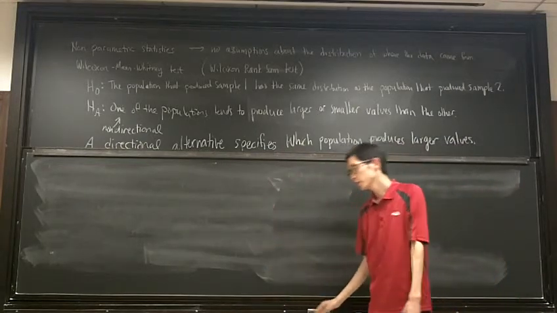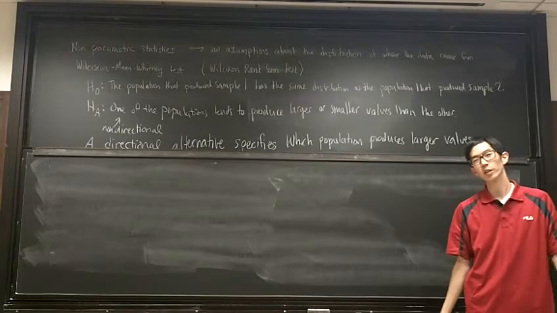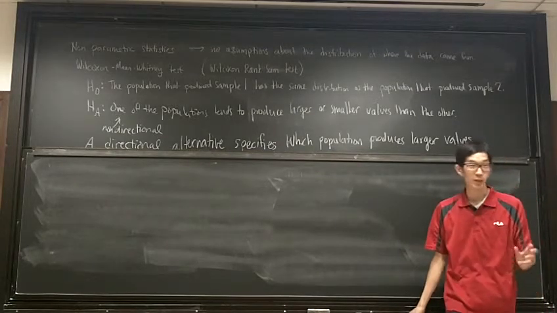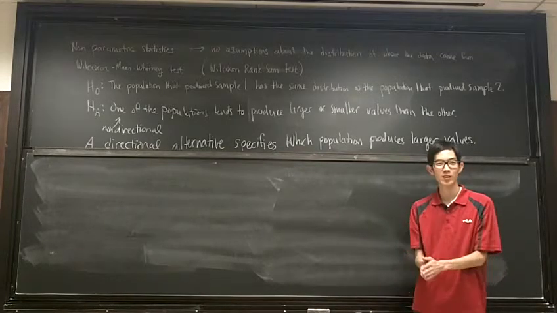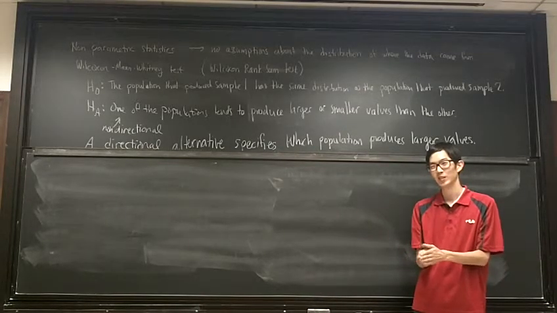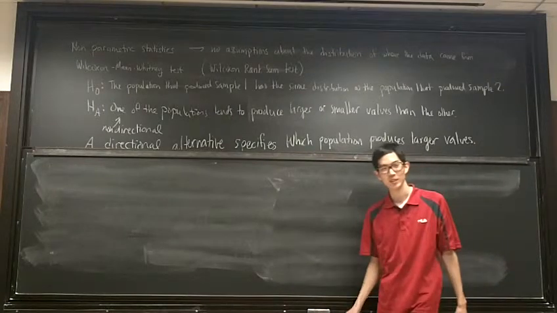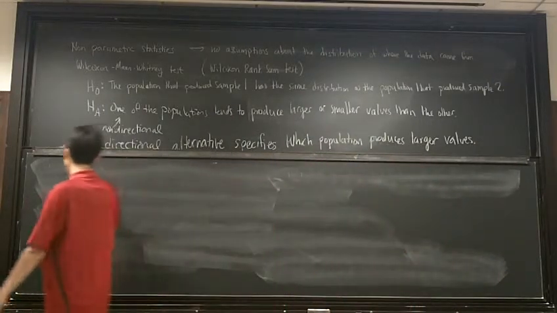In general, non-parametric tests are less powerful than parametric ones. Okay, so what does that mean to be less powerful? So I'll write this down and you can think about it.